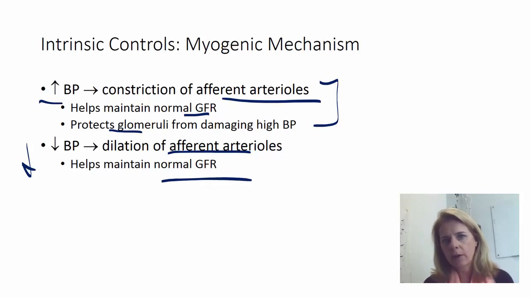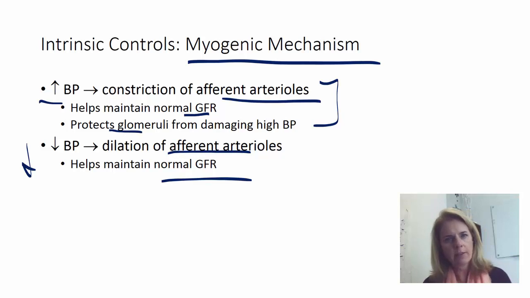Increased blood pressure is going to constrict the afferent arteriole and reduce blood flow to the capillary in order to reduce GFR, helping maintain it so it doesn't get too high. Low blood pressure is going to dilate and open up the afferent arterioles to allow more blood flow and keep the filtration rate going. Okay? It's a myogenic mechanism.